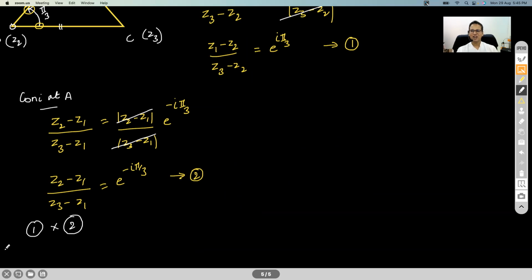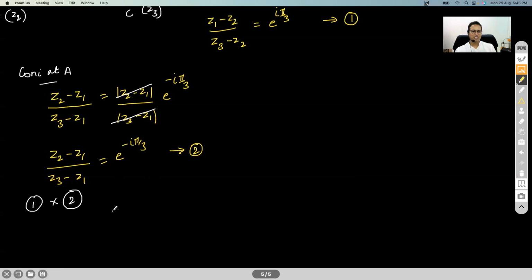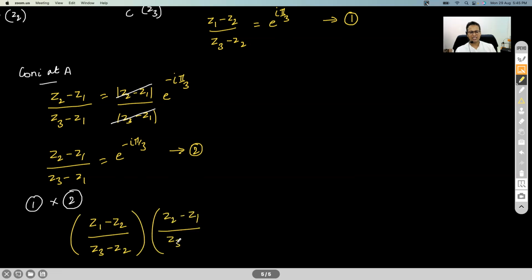Correct? Because on multiplication, e to the power i pi by 3 and e to the power minus i pi by 3 will cancel each other out because they are reciprocals of one another. So when you multiply, you get (Z1 minus Z2) by (Z3 minus Z2) multiplied with (Z2 minus Z1) by (Z3 minus Z1).